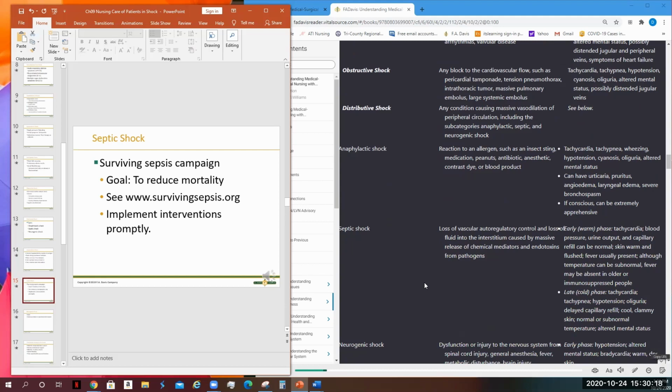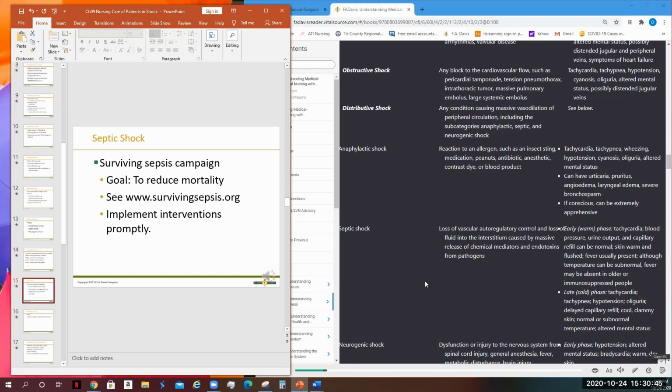Septic shock is caused by a loss of vascular autoregulatory control and a loss of fluid into the interstitium caused by massive release of chemical mediators and endotoxins from pathogens. In the early phase, or the warm phase, of septic shock, you will see tachycardia.